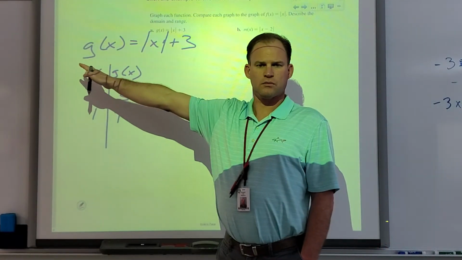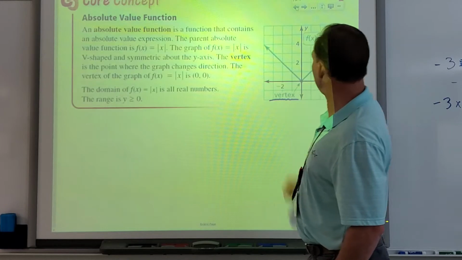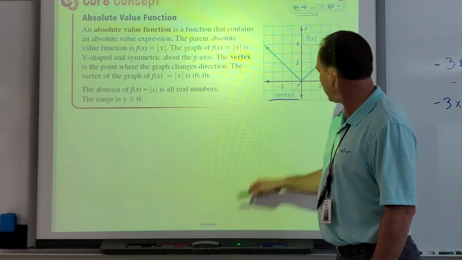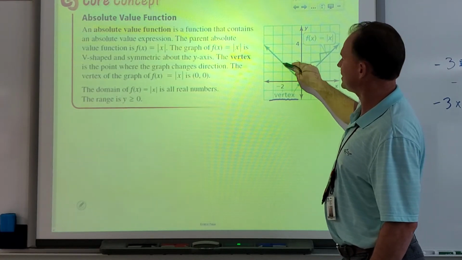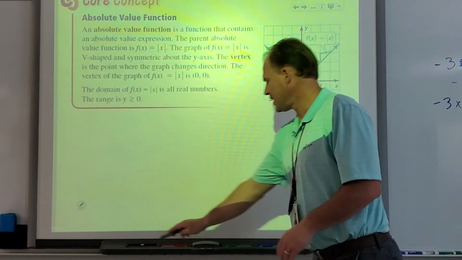Before I graph this, I want you flipping back and thinking about this. Notice we got a slope. It's going up 1, right 1 every time. This is just doing the exact opposite. So I'm going to be bringing this back a lot.